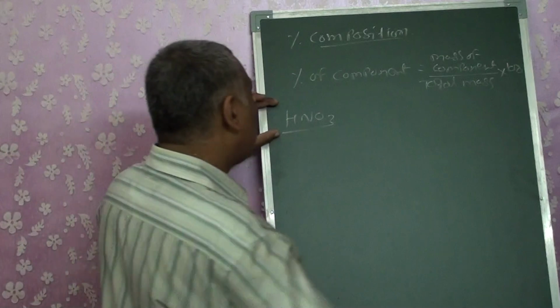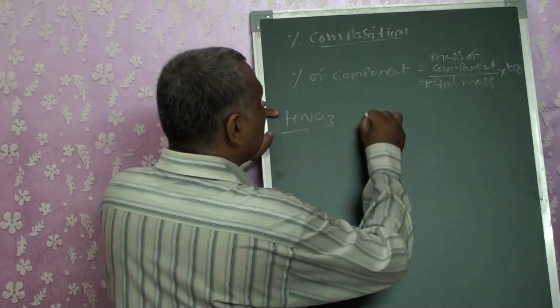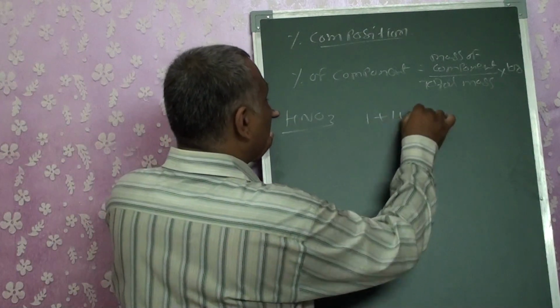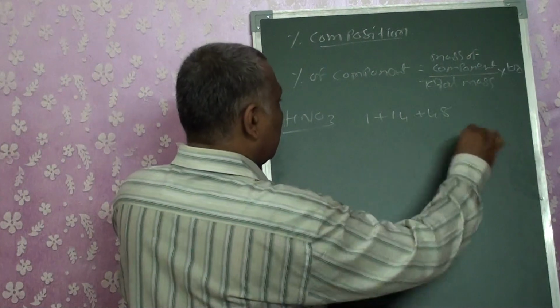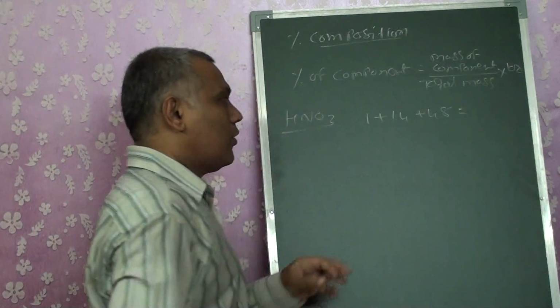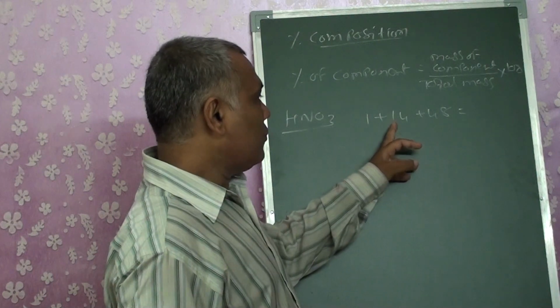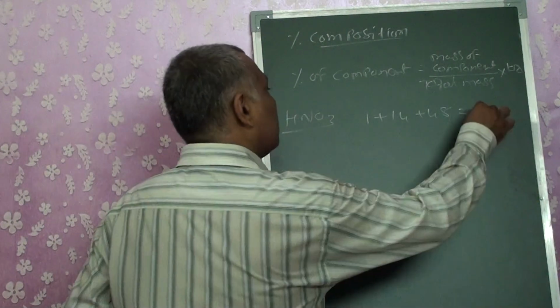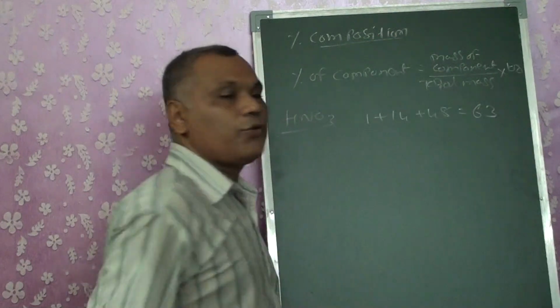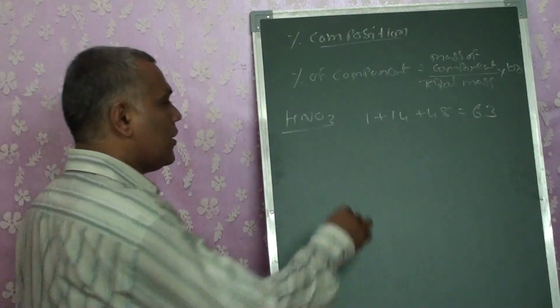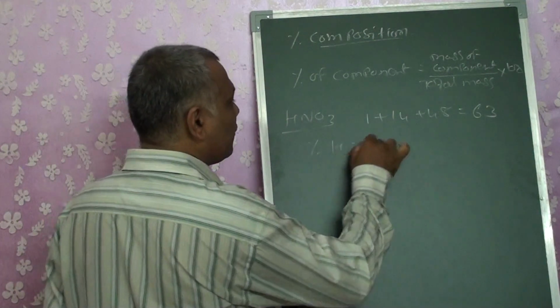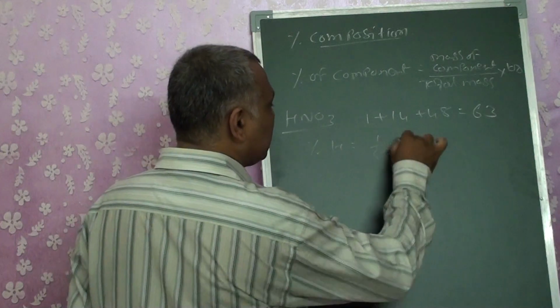So what is given to us? 1 plus 14 plus 48. So you will get 48 plus 4, 52, 62, 63. Total mass is 63. If I want to calculate the percentage of hydrogen, 1 by 63 into 100.